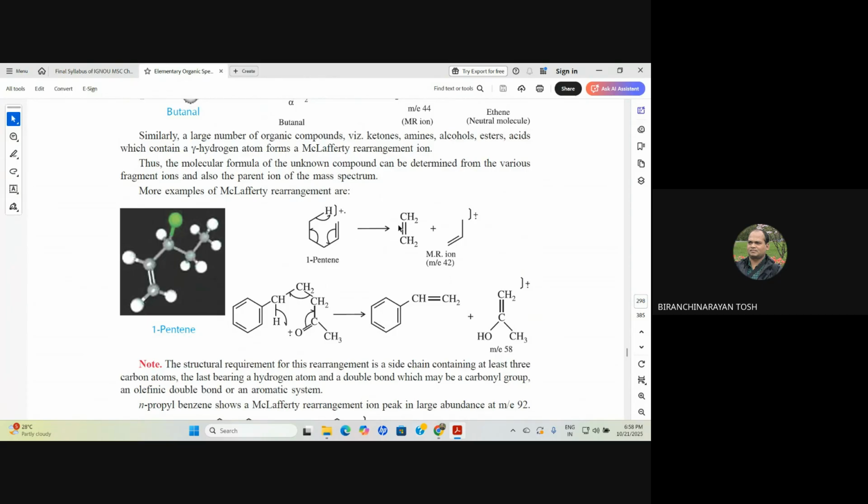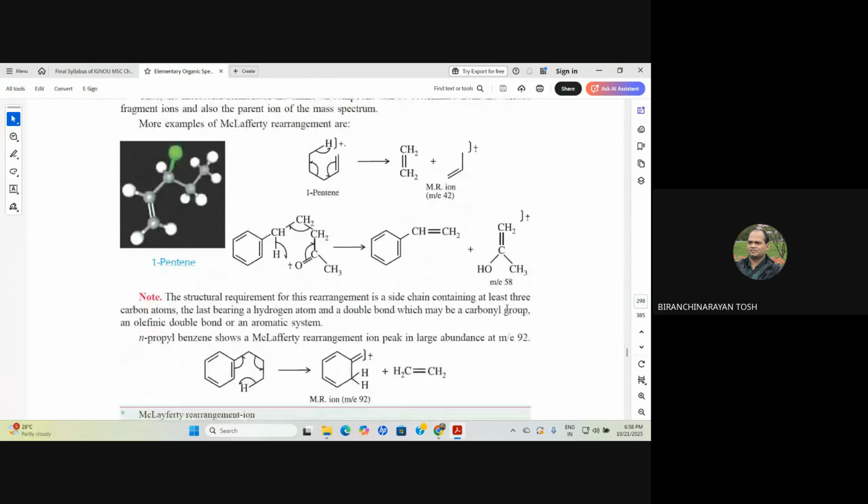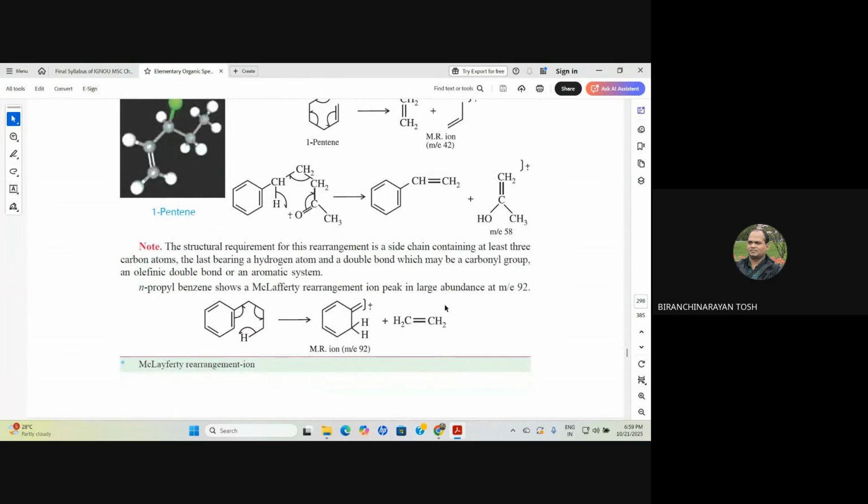So ethylene and a double bond, and the propene ion will be detected. Similarly, in this case you will get styrene as the neutral molecule and the enol, propanol, as the McLafferty rearranged ion having m/e ratio 58. There are some other examples. You can go through this one.